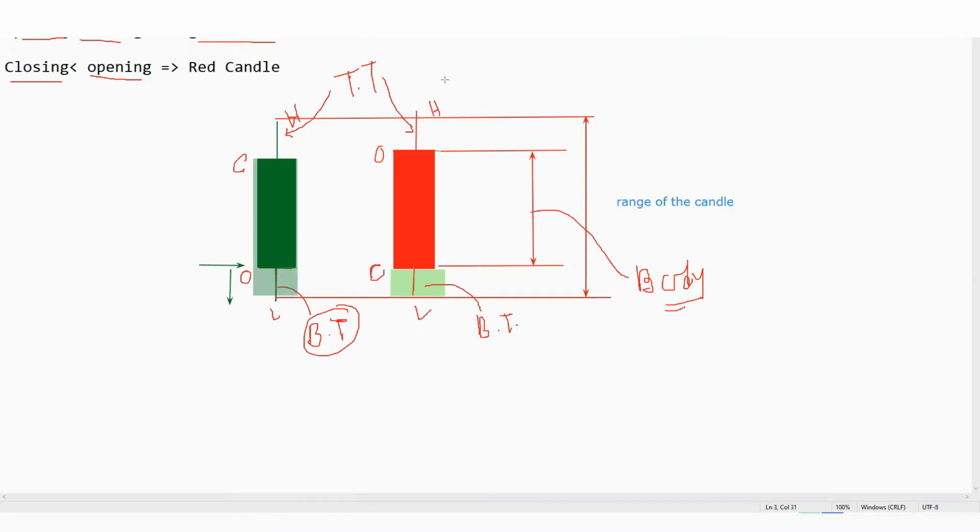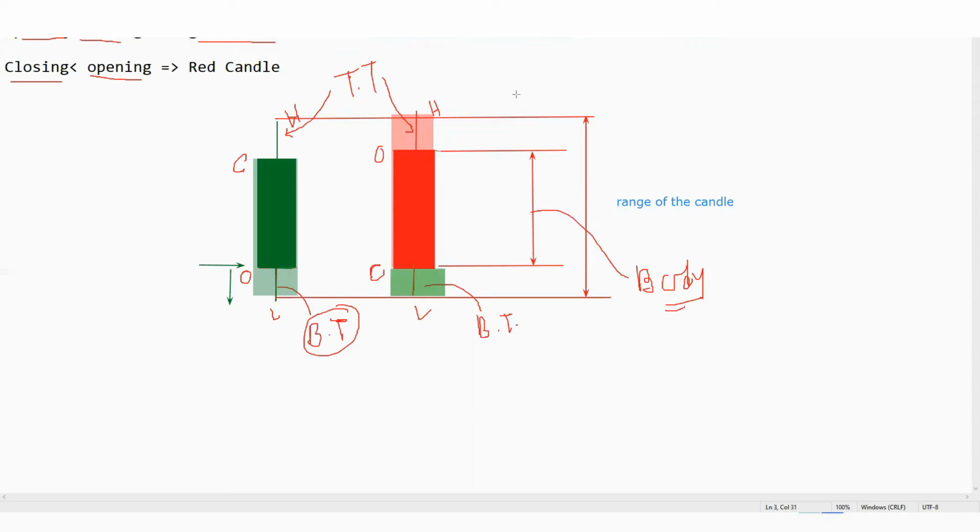Here the selling pressure is there. In this area there is selling pressure totally, and the low of this area is actually showing the buying pressure. So this is the fundamental area of the candle.